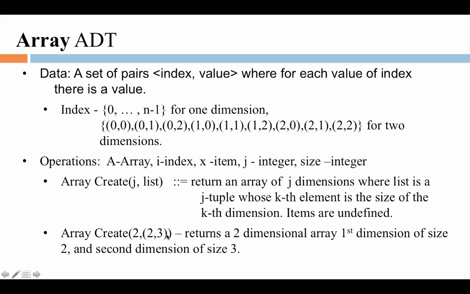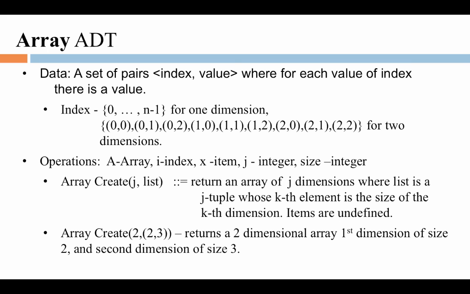Now let us look at the more generic situation where we want to maintain a j-dimensional array where j is a positive integer greater than or equal to 1. I repeat, we are going to look at the operations associated with a j-dimensional array.